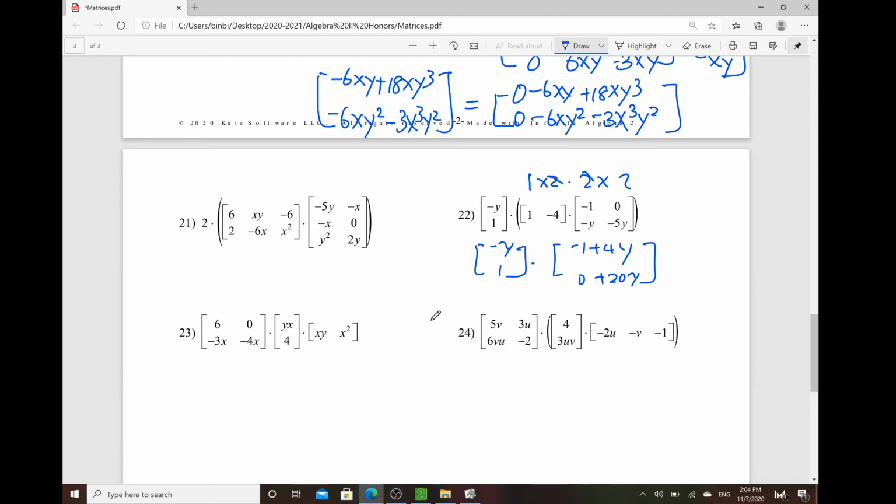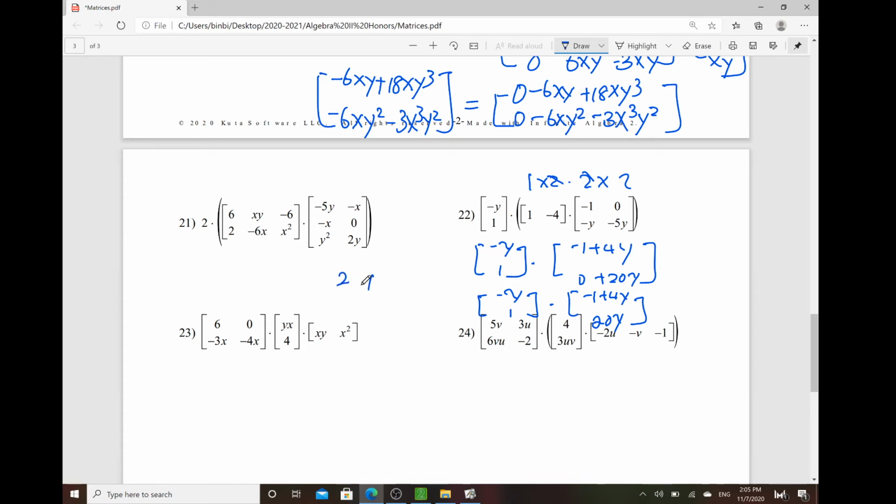And then finally, we do have 2 by 1 with the 2 by 1 matrix. Okay, so is that possible to multiply? So it looks like this one is going to be undefined again, but let me just simplify it a little bit. So negative y, comma 1 times negative 1 plus 4y, 20y. Oh, you know what? This one should be multiplicable. So it's also the same size in the middle.